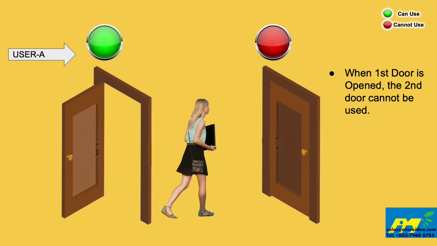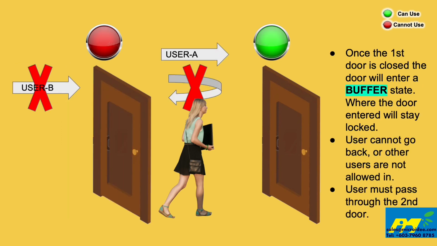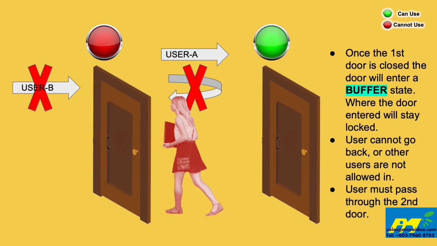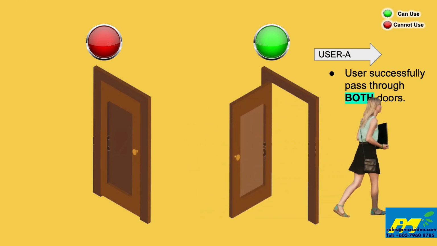Once the person goes in and closes the door, the back door is able to be used, and as you can see, the front door is still in lock condition. There is a buffer state where the front door will be kept closed. No one will be able to use the front door until the buffer time ends. That means even if the person inside tries to go back, they will not be able to. The only way the person can go is through the back door.